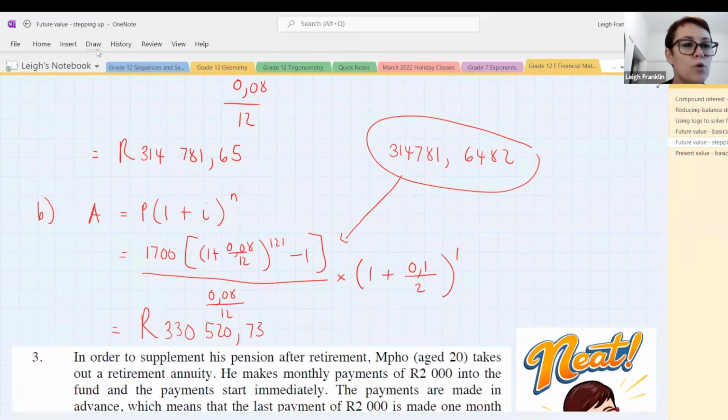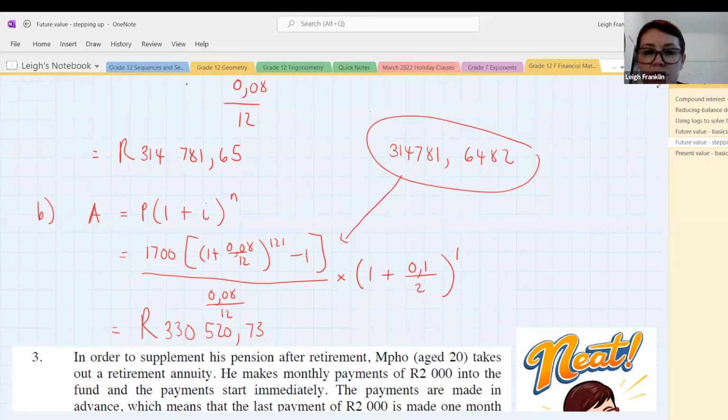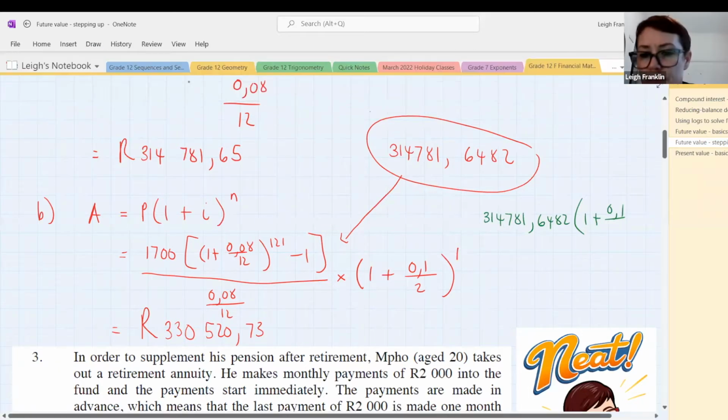So in other words, if you want to, you could have set it out like this: 314,781.6482 times (1 plus 0.1 over 2) to the power of 1.